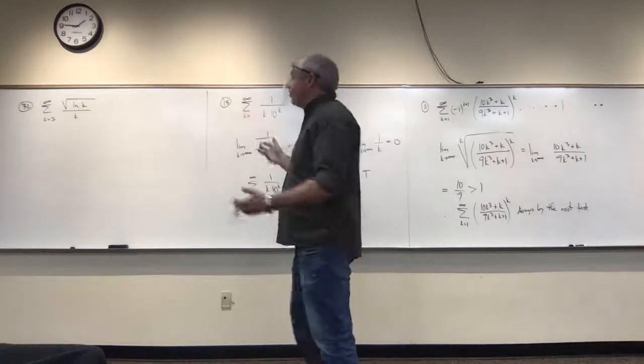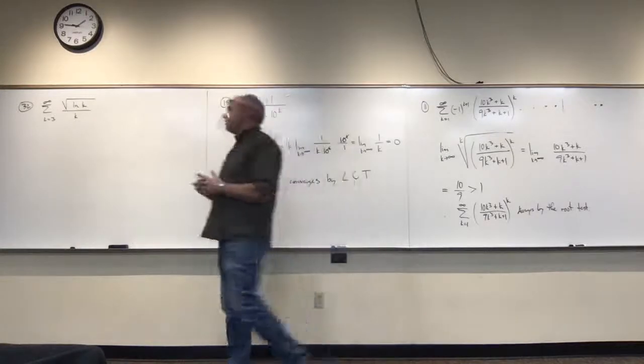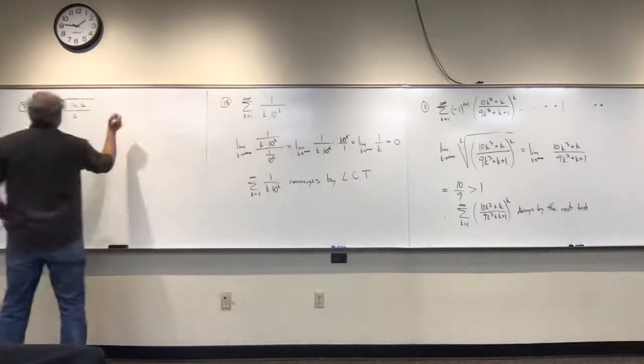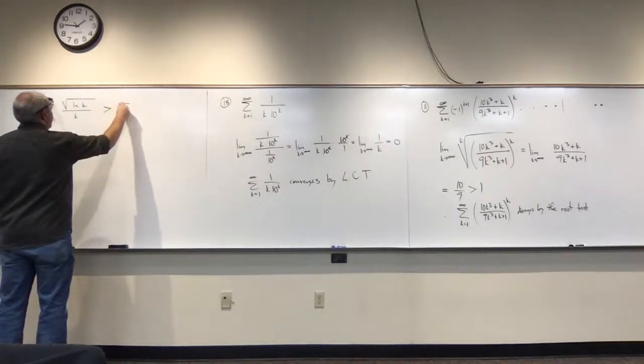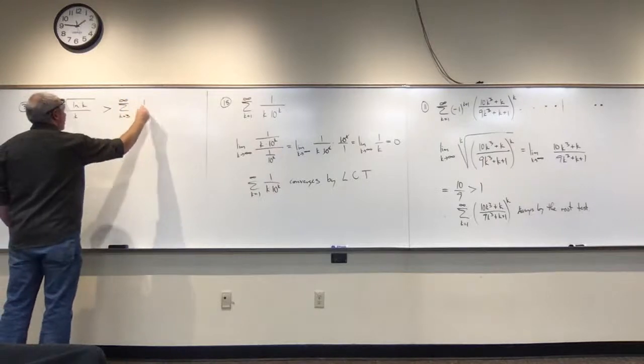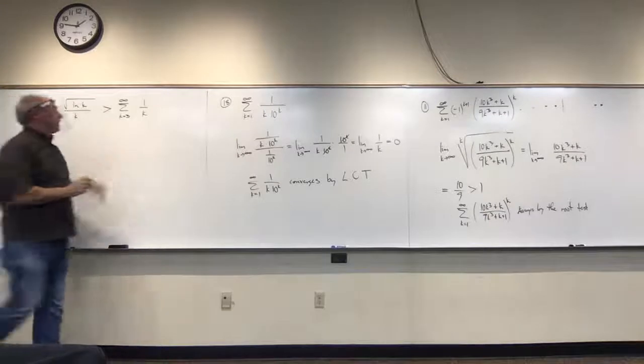So first of all, you could just do a comparison test, right? That's probably the easiest way you could go here. You could just say, well, come on, this is bigger than the sum, k going from 3 to infinity, of 1 over k, right? Which diverges.